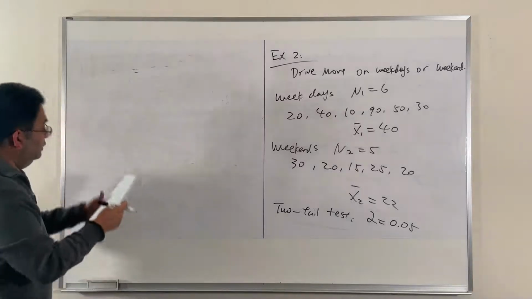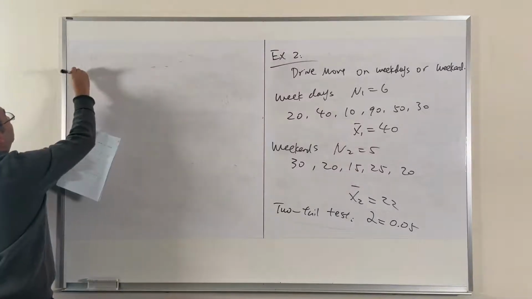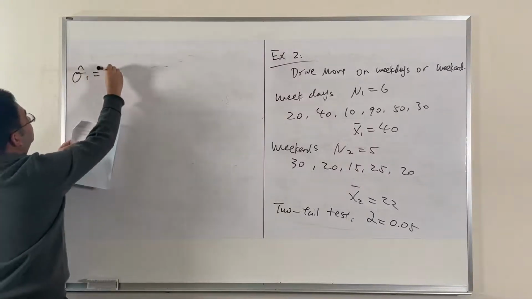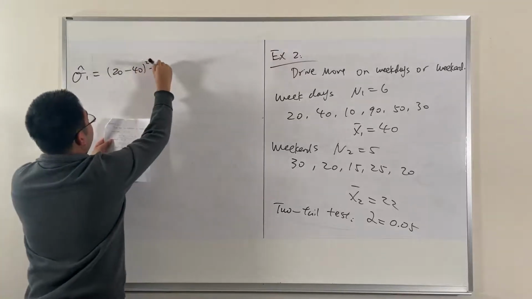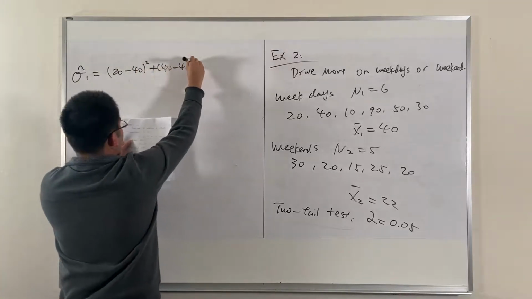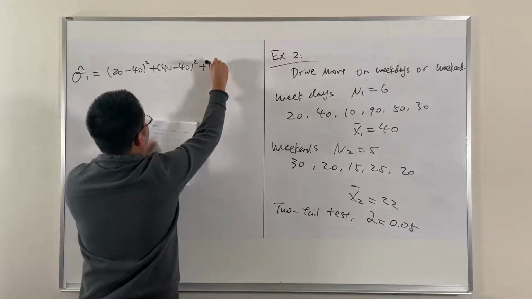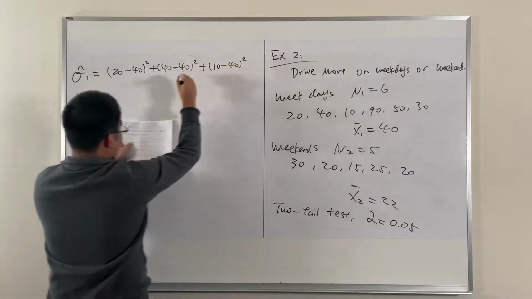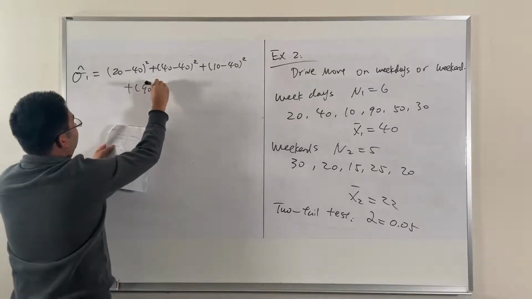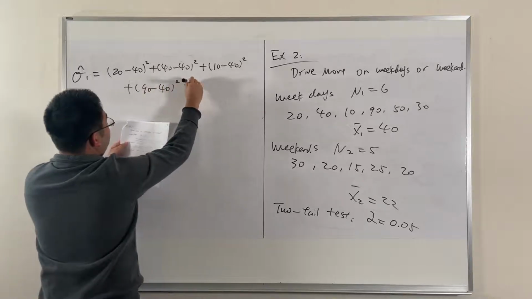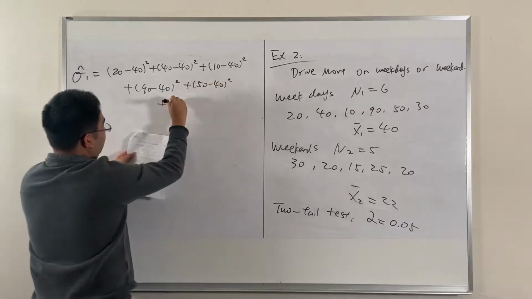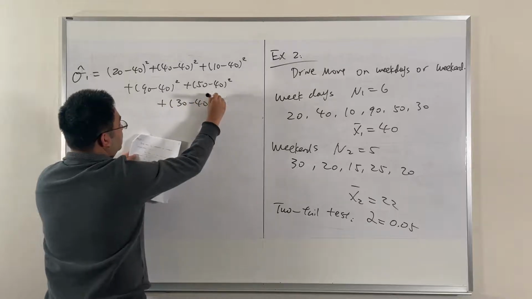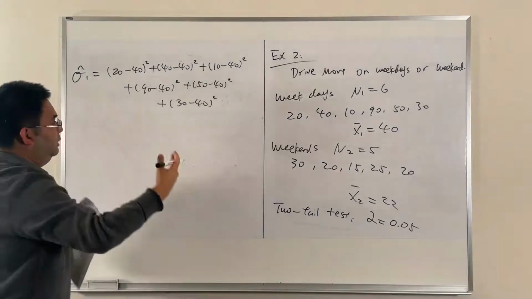So sigma 1 hat equals the square root of 20 minus 40 squared plus 40 minus 40 squared plus 10 minus 40 squared plus 90 minus 40 squared plus 50 minus 40 squared plus 30 minus 40 squared. So each data point subtract the mean, squared.